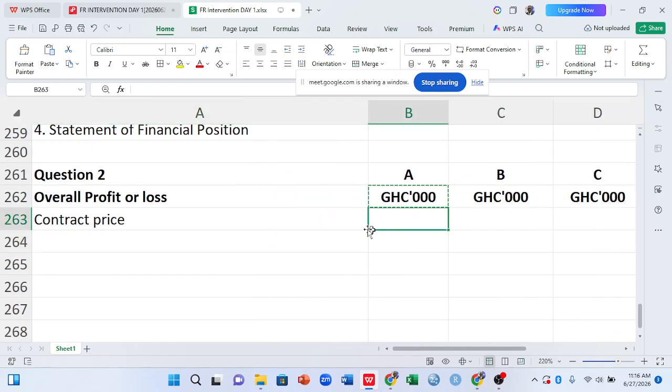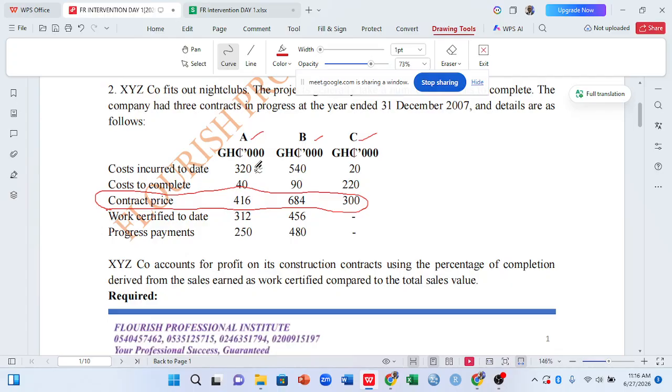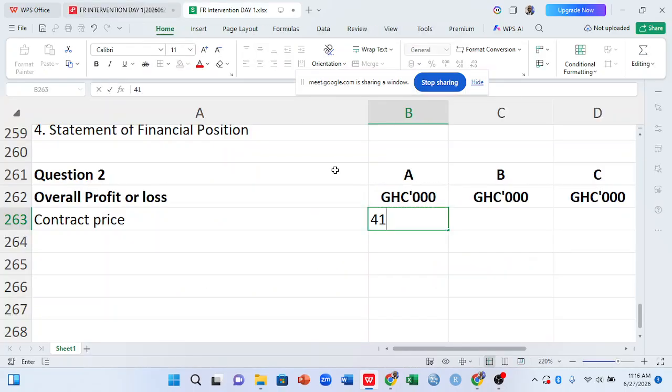So we bring the respective contract prices. Yes, 416, 416.